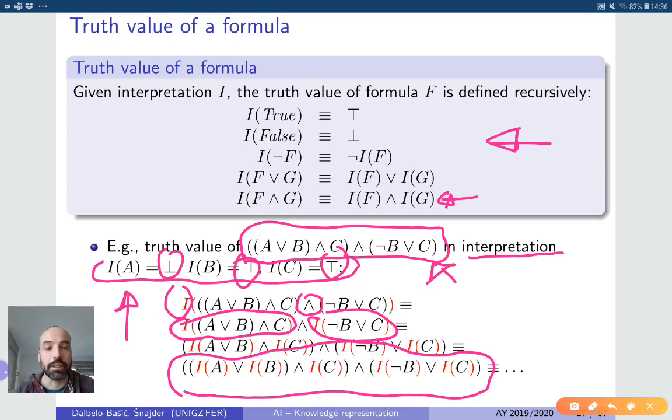Once we have these things, we will now substitute false here for the interpretation of A, true for the interpretation of B, and so forth. And then we would be applying the semantics of the operators and go bottom up. And finally, we'd arrive at the truth value for the entire formula.